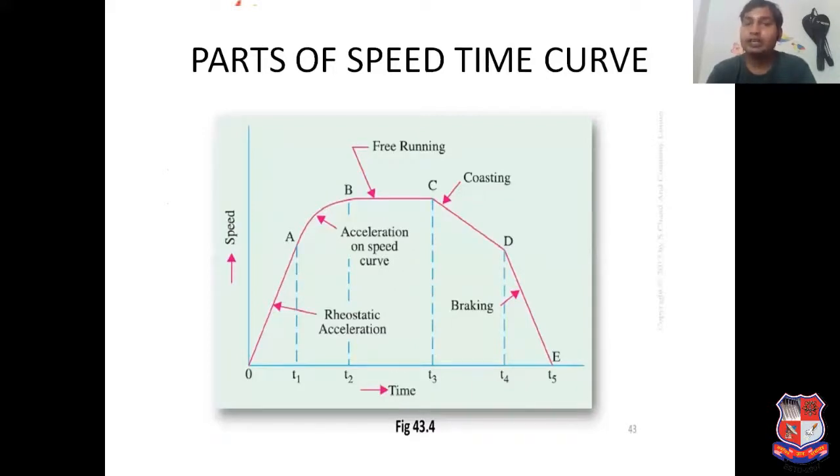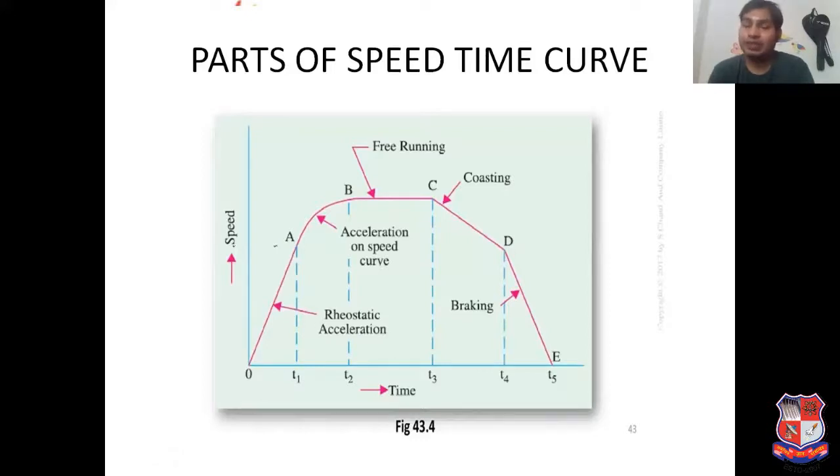Let us understand that. So any speed time curve will be having these sections: one, rheostatic acceleration or a constant acceleration, in which speed of the vehicle or train will be increasing positively. Then after a certain point, the acceleration will remain positive, but it will decrease towards zero.